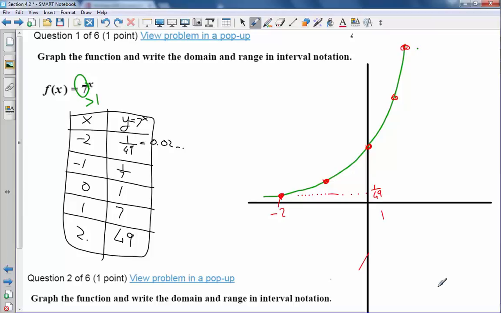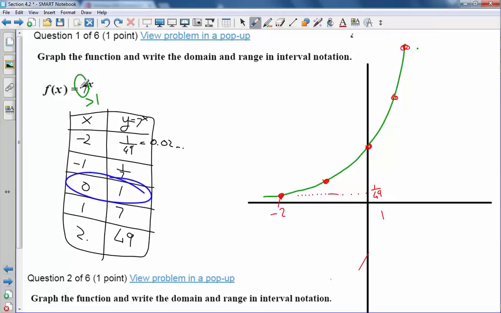One point I want to make here is, no matter what base you have, this center value (0, 1) will never change. Do you know why?